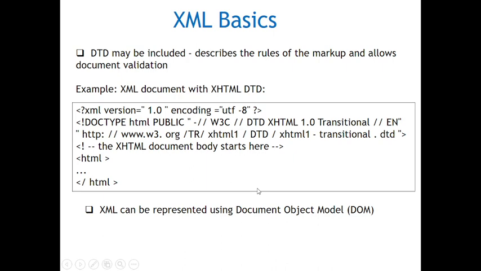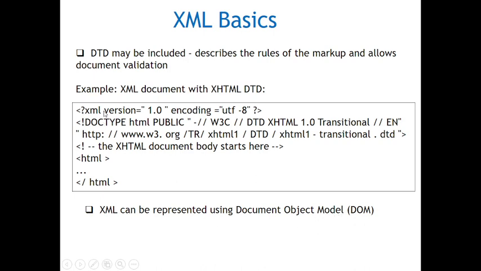So now see the structure. This is the structure of XML. This is all you studied in application software development, in your web development. You use this type of structure. So XML is used to represent the document object model.